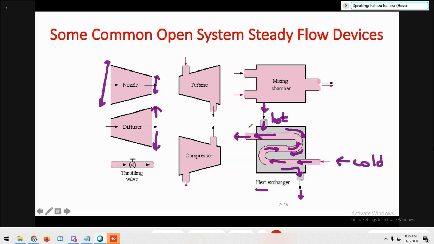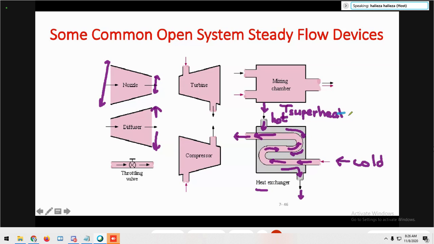Now let's say this hotter fluid is a steam. Superheated steam. This is superheated. It's very, very hot. And the fluid that you want to heat up, the cold fluid, should have a temperature that is much, much lower compared to your superheated steam.